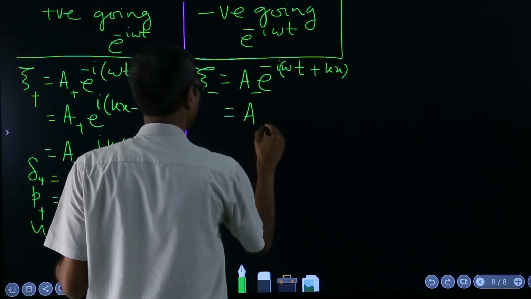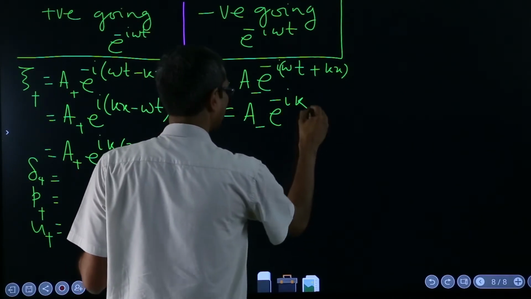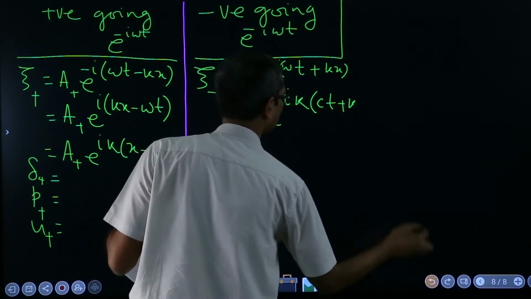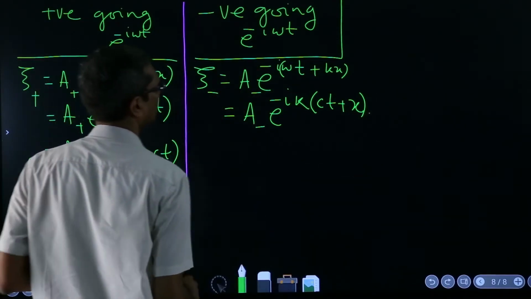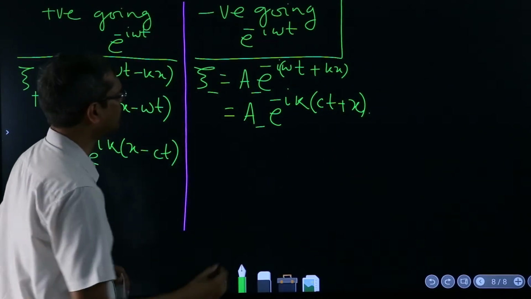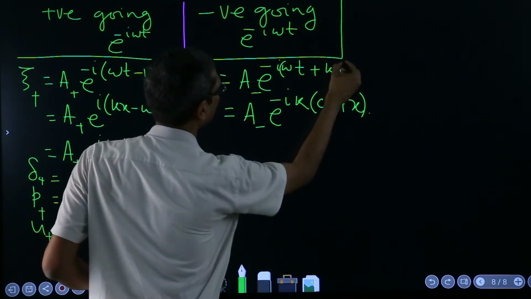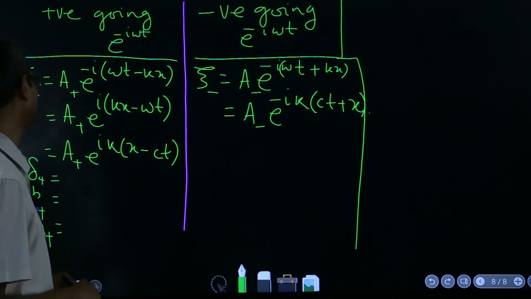Only thing which matters is a minus e raised to minus i k, you take out, and x plus ct, or ct plus x, doesn't matter because it's just a plus. So this is for negative going with this.